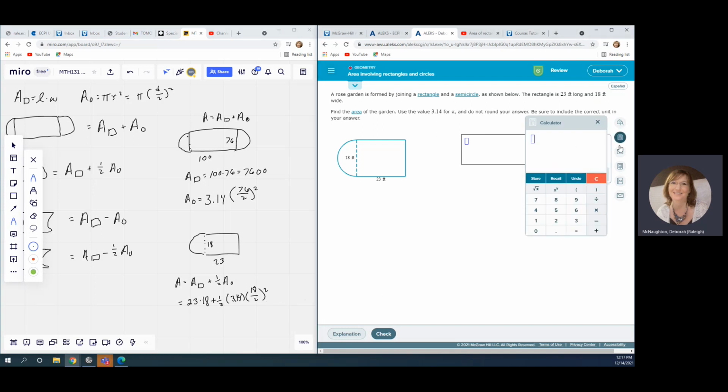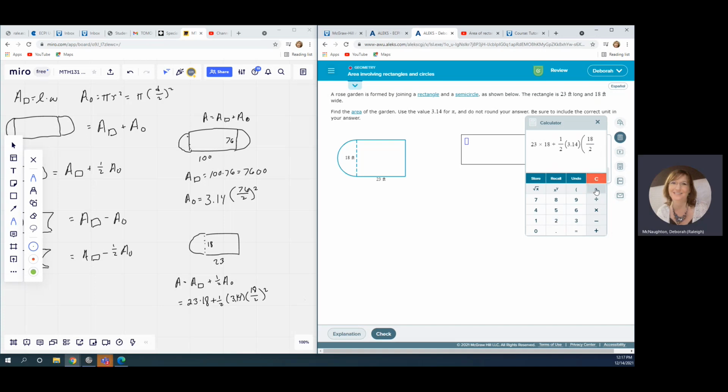So you can put this in your calculator all in one step. 23 times 18 plus 1/2. Move this out and put in your parentheses. 3.14 parentheses. Then another parentheses, 18 divided by 2.